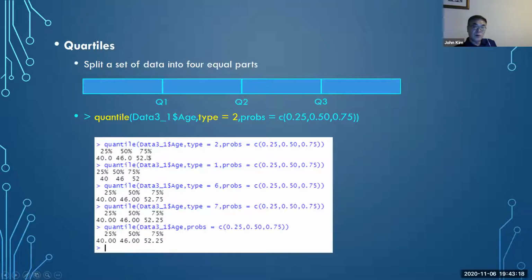Type 2 has only 1 decimal point. I tried other types, and they give different numbers, but usually type 1 or type 2. Without type, this one gives 2 decimal points like this. So let's try those.